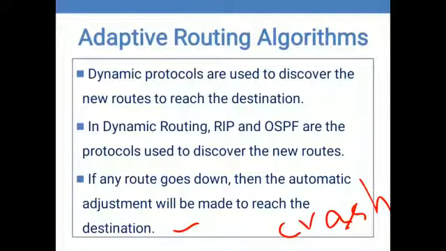To avoid that, this adaptive routing algorithm is used for automatic adjustment to reach the destination. Automatic adjustment means once the router has failed, immediately the router will discover the new route, meaning it will discover the next new node which is near to that particular router.